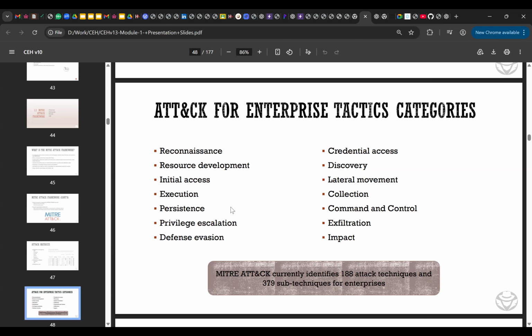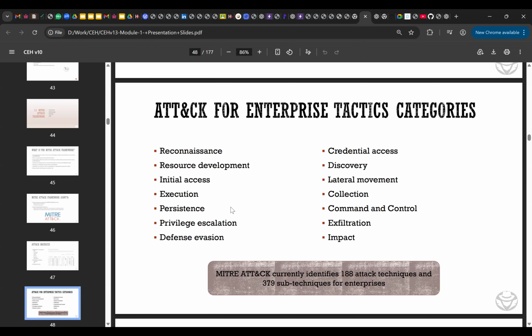I have to bypass it in order to launch my operations, gain unauthorized access to some file system, or steal some data and send that data back to my actual server, which is on the internet. So I have to evade their defense systems, in this case firewall, EDR, and AV solutions. Those tactics come under defense evasion.